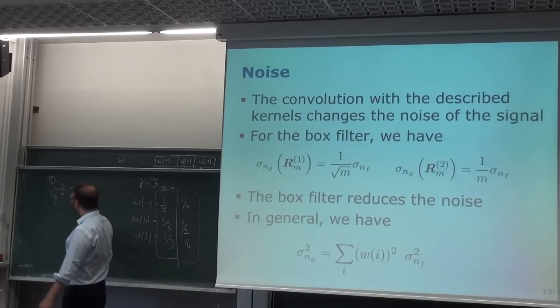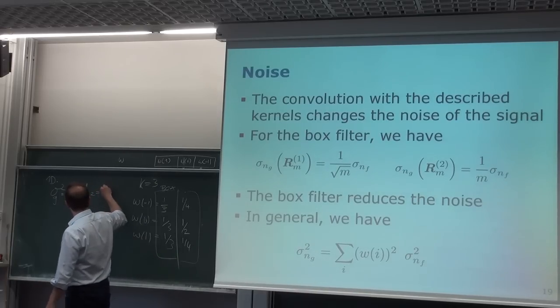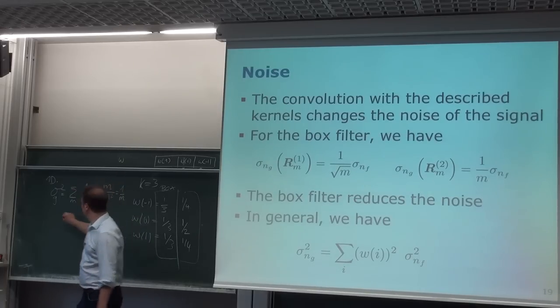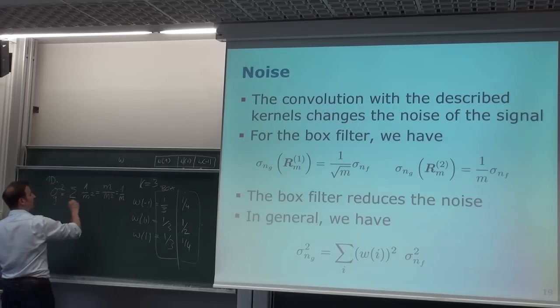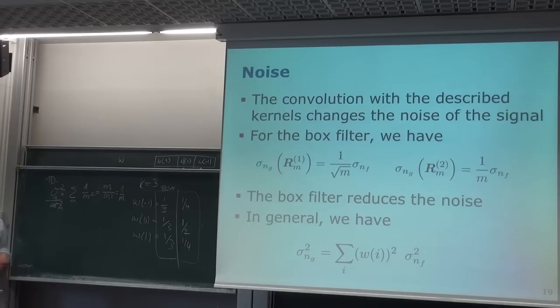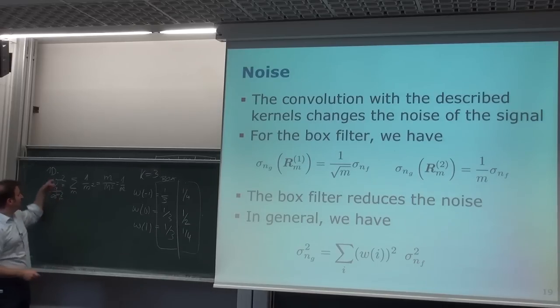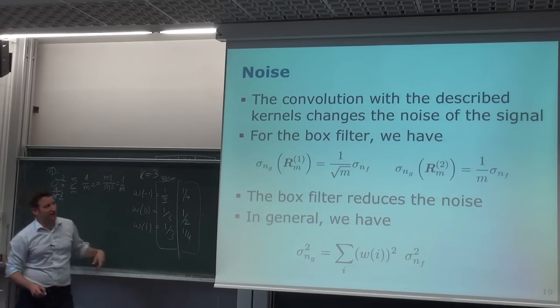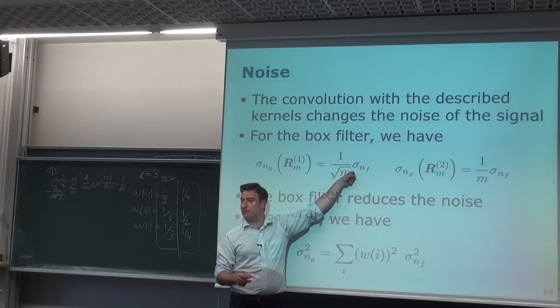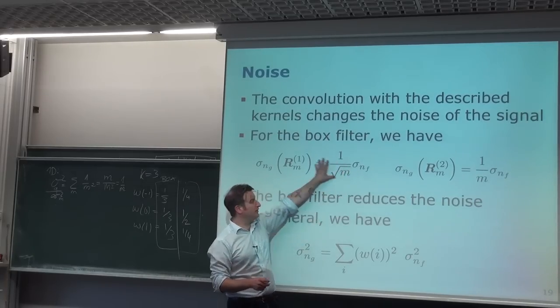So if I sum exactly over m values, this is m divided by m squared, equals 1 divided by m. Of course, I forgot sigma n, the other factor. So the result for the variance is a factor of 1 divided by m. That means for the standard deviation, we have the square root of m. This holds for the 1D case.